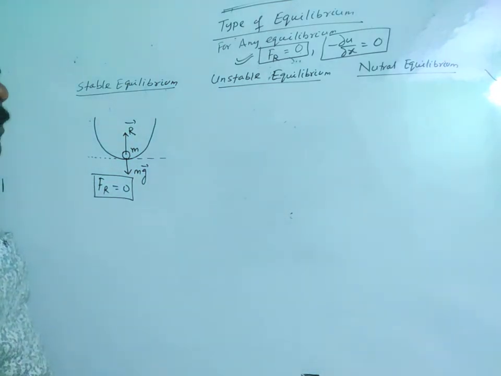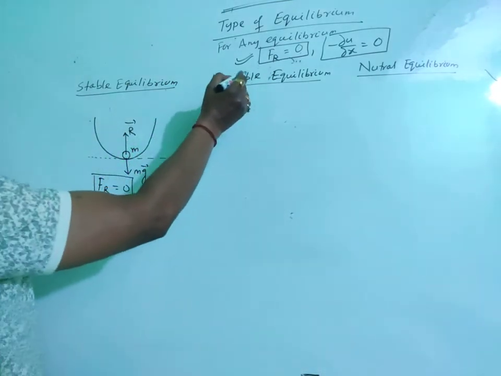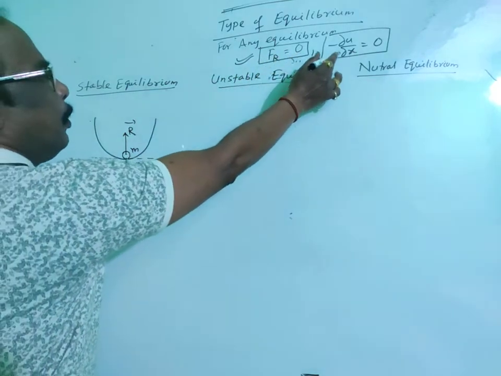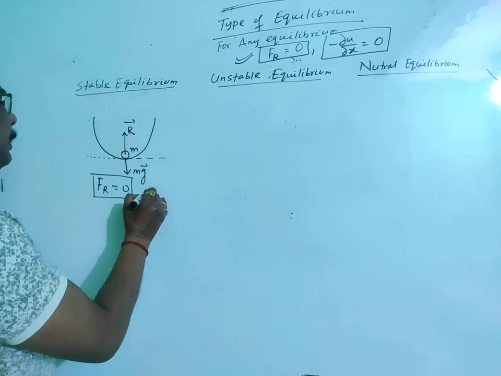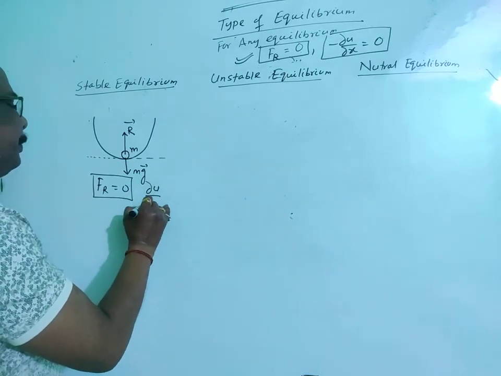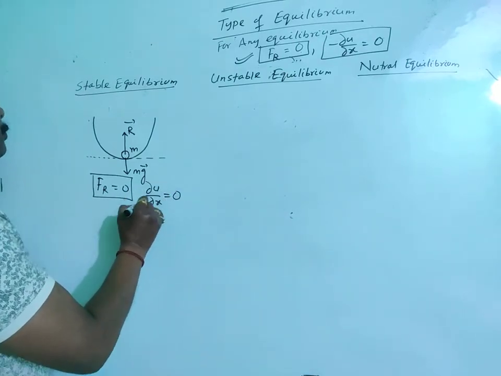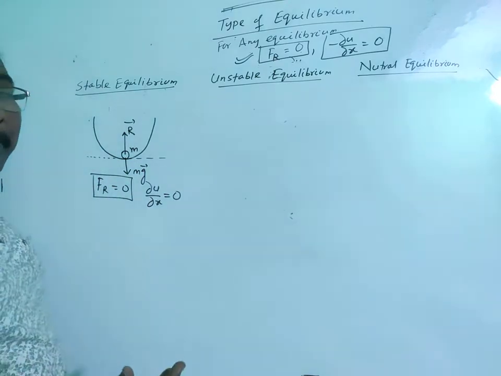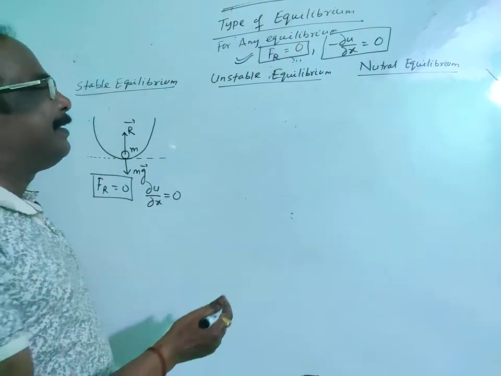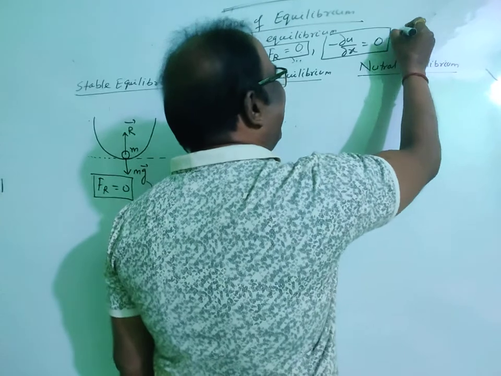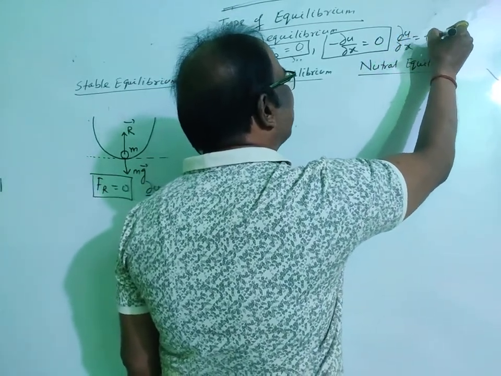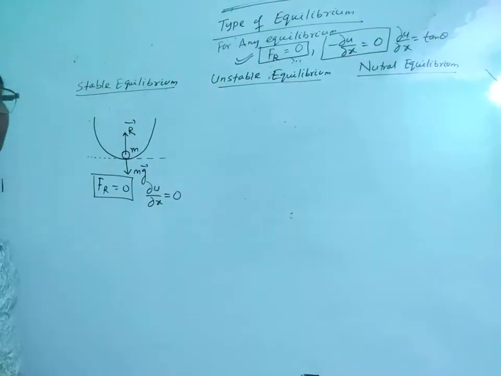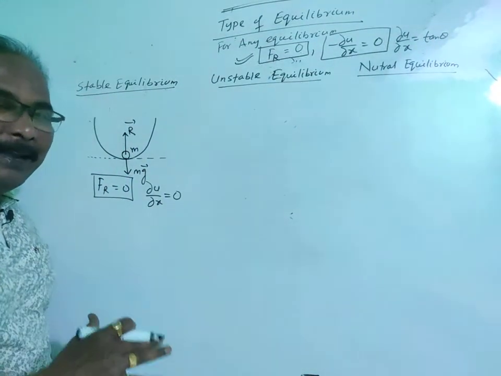Is it clear? Then force is equal to the slope of the graph, so here also dU by dx is equal to 0. Slope of the graph is 0. We know dU by dx is equal to tan theta, so theta should be 0 degrees and tan theta should be 0.